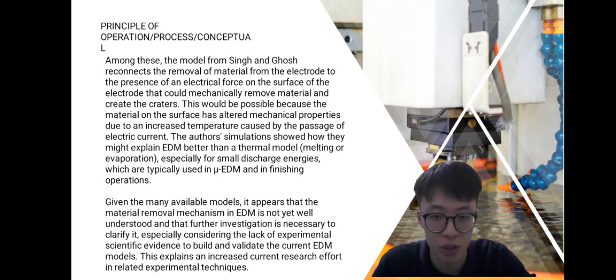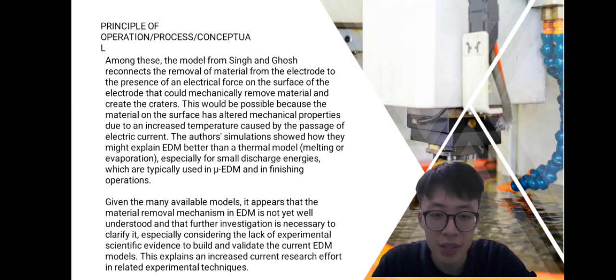The authors' simulation shows how they might explain EDM better than a thermal model of melting or evaporation, especially for small discharge energies, which are typically used in micro EDM and in finishing operations.